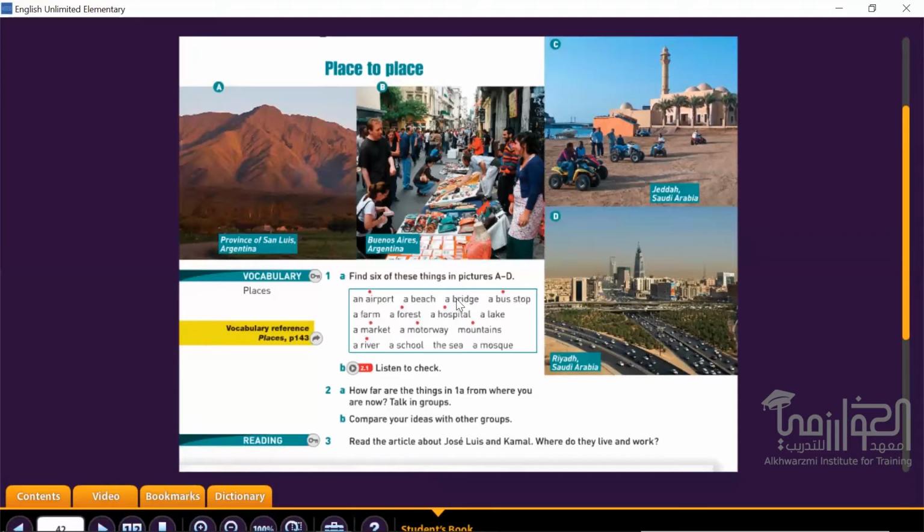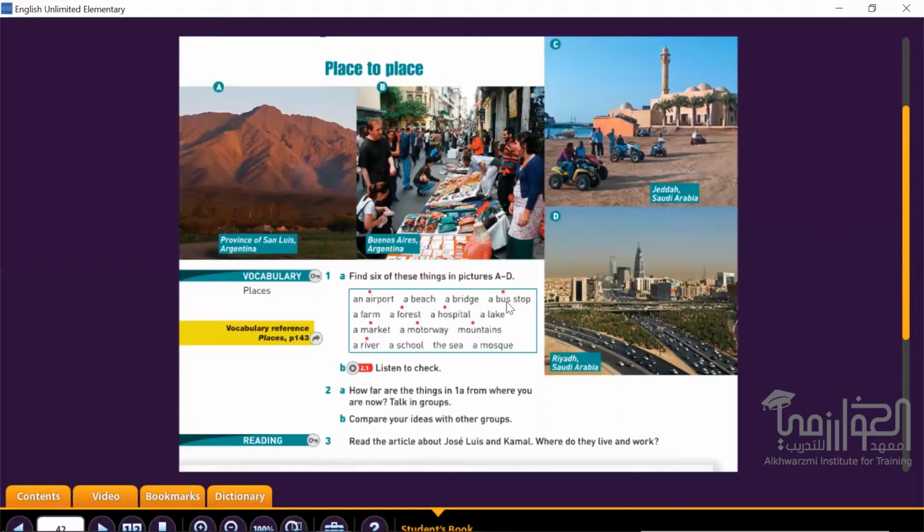And then we have the next, a bridge. And what is a bridge? Kubri. So where can we see a bridge? That is in picture D. We can see bridges here. As you can see, the interchanges are bridges, Kubri. And then a bus stop.